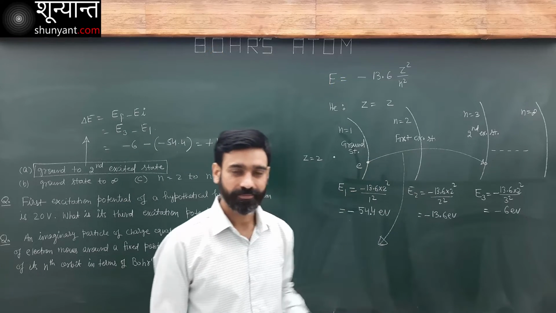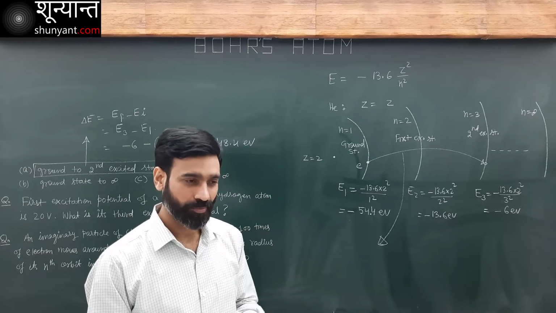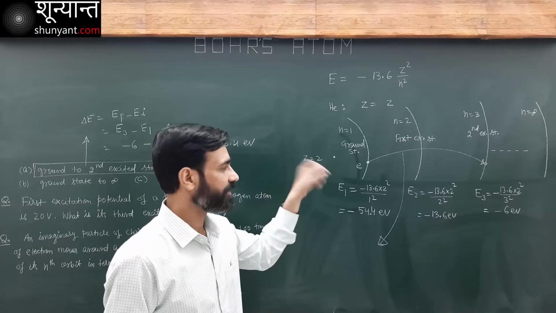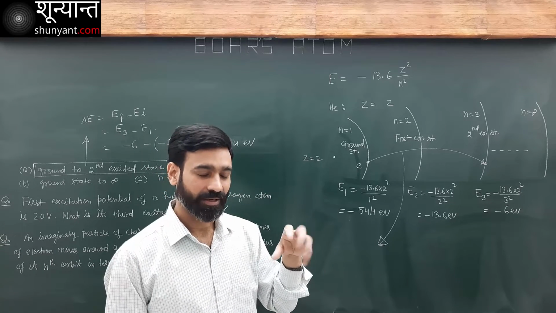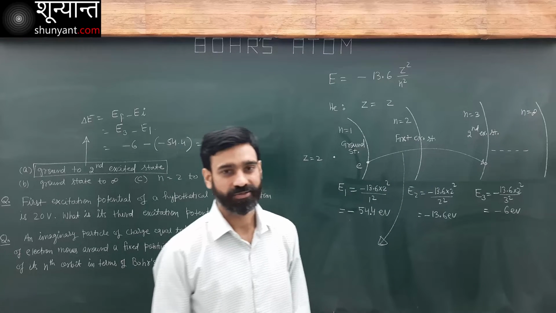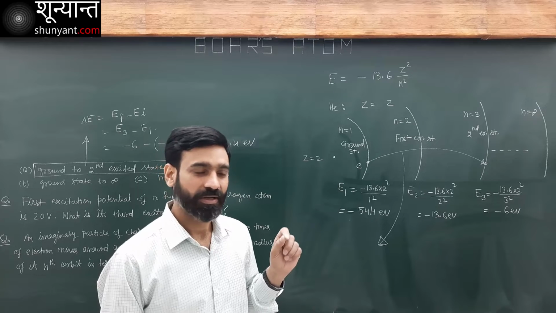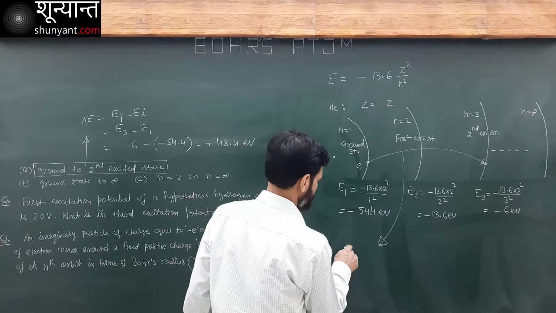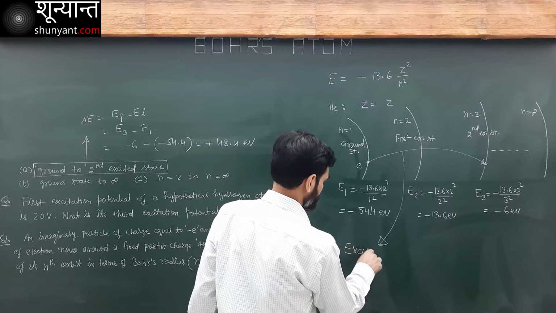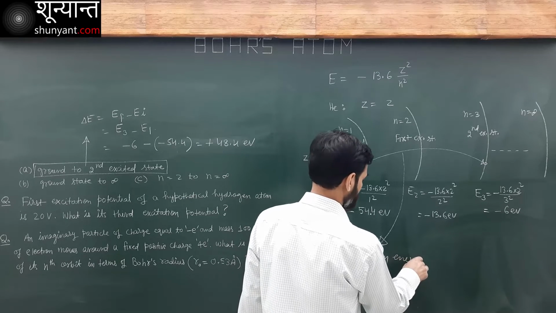You have to supply energy in the form of photons. The photon will hit the atom, the electron will absorb that energy and jump to that state. This energy is known as excitation energy.